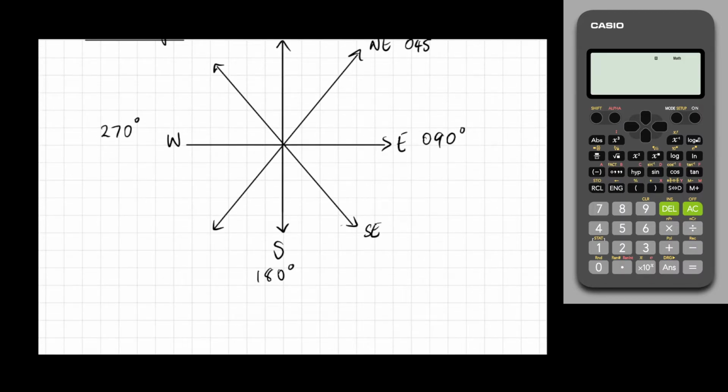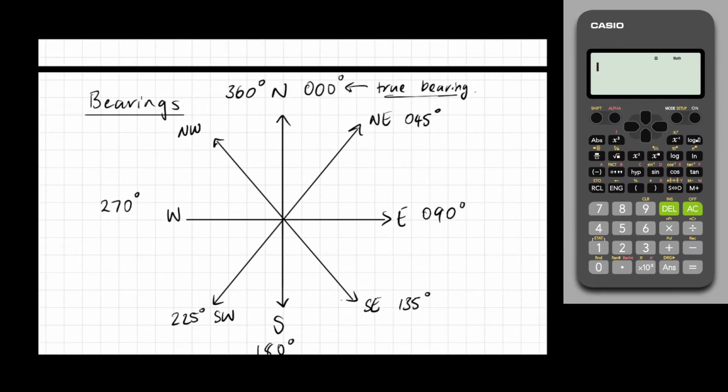Southeast associated with the angle 135 degrees. Southwest is 225 degrees. Okay, so it's SW for southwest. And finally, northwest. No, not the child, but the direction. And 315 degrees.